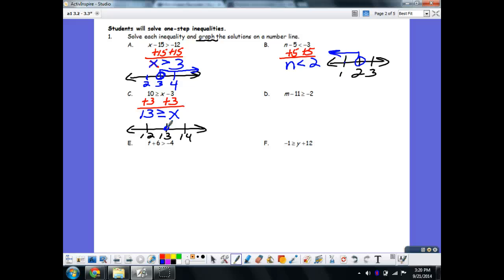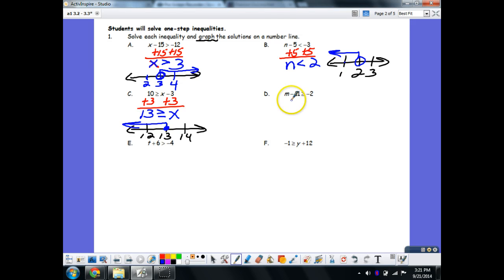That's why picking a test point is so important. For example, if we test 12, is 13 greater than or equal to 12? The answer is yes. So that is the direction we shade. And again, choosing that test point is vitally important.